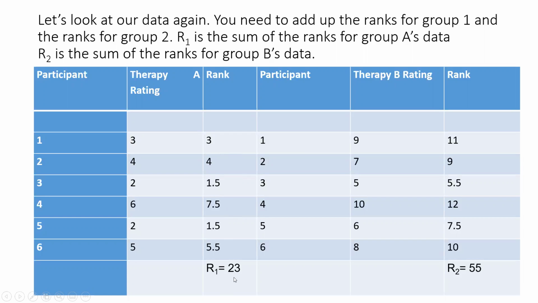And R1 is the sum of that group 1 or group A's data. Then R2: 11 plus 9 plus 5.5 plus 12 plus 7.5 plus 10 equals 55. It gives us the sum of the ranks for group B's data, who are receiving therapy B.